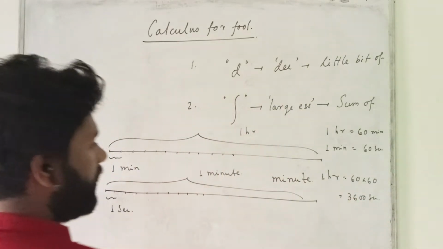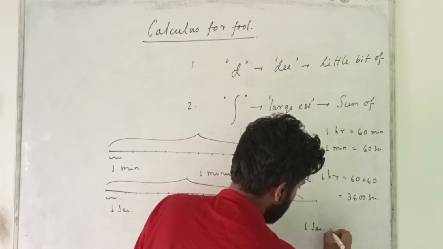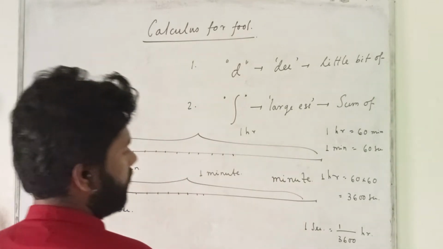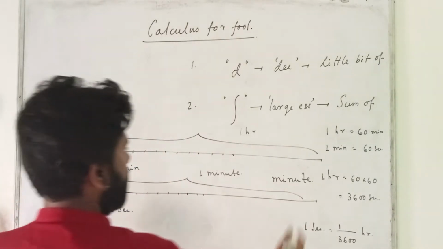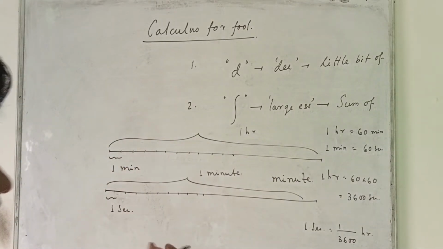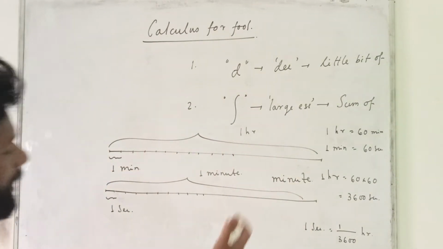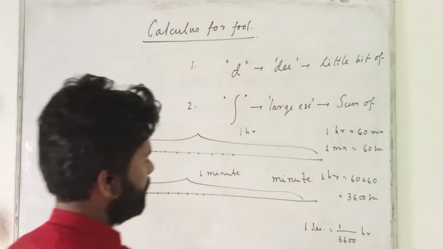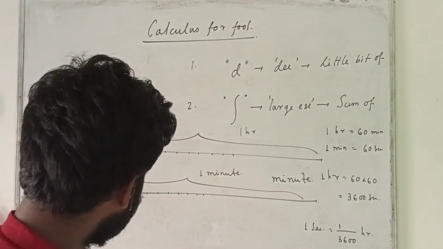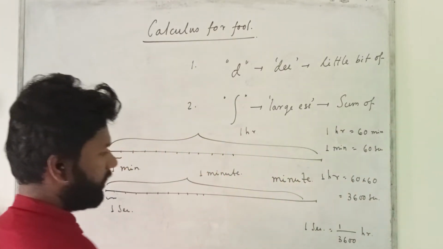Compare 1 hour and 1 second. 1 second means 1 over 3600 hour. Just imagine how small it is in comparison with 1 hour. 1 second is very small, so you can ignore it.